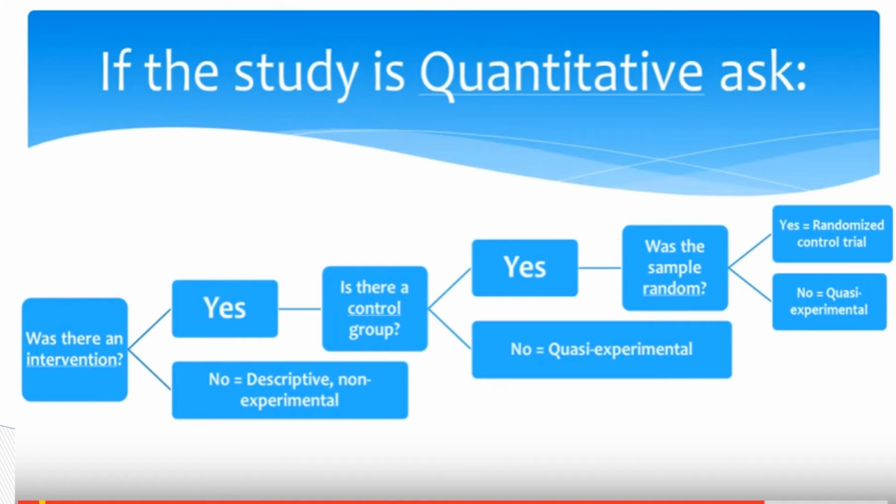So if there is an intervention, then we ask, is there a control group? If there is, perfect, then we go on. If there wasn't, we say it's non-experimental. If it is, great. Was it a random sample? Boom, then we know it is a randomized controlled trial. If there isn't, it's quasi-experimental. So it allows you to easily discern by following the flow chart.